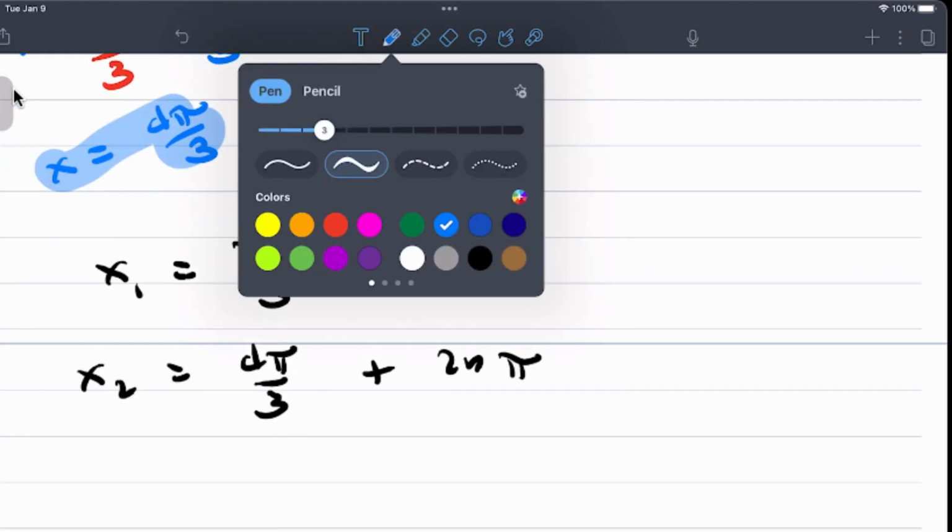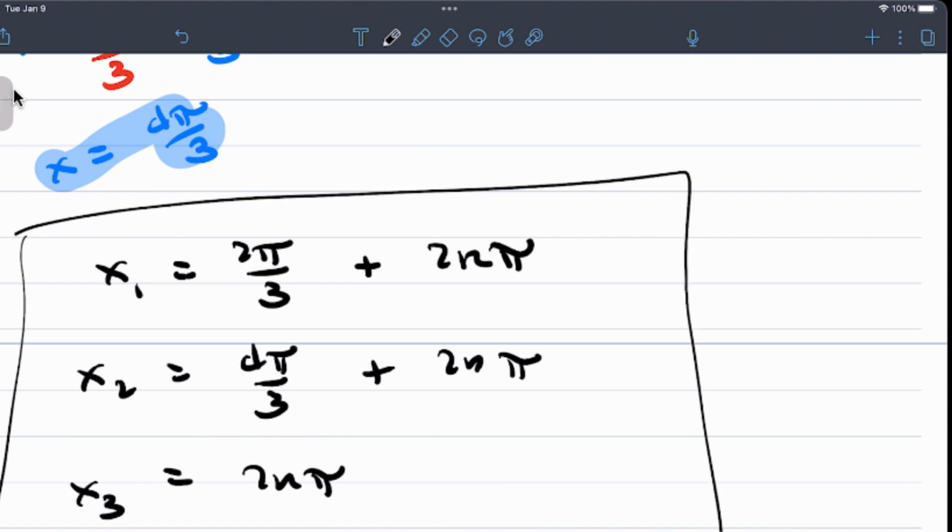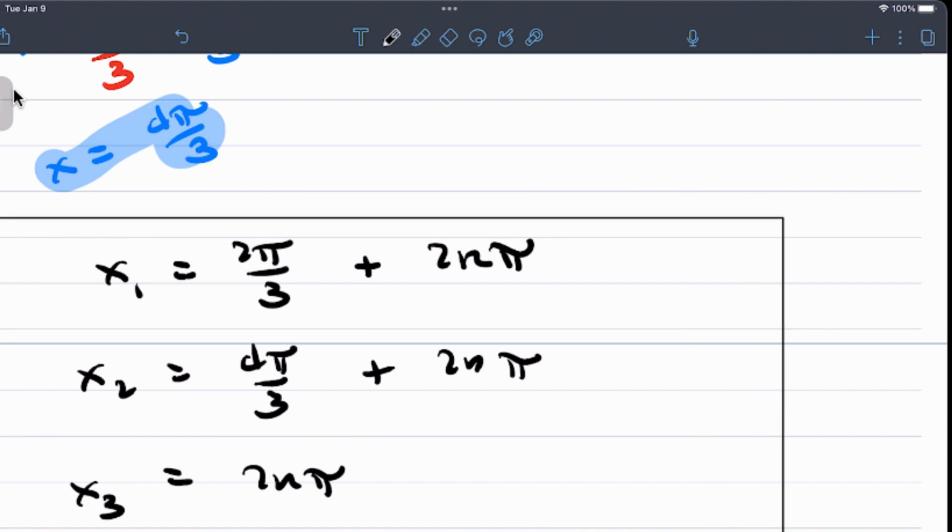Can I do the same thing, take 0 plus 2n pi? You can. However, 0 plus anything is itself. So just say 2n pi. And ladies and gentlemen, n again is an integer.